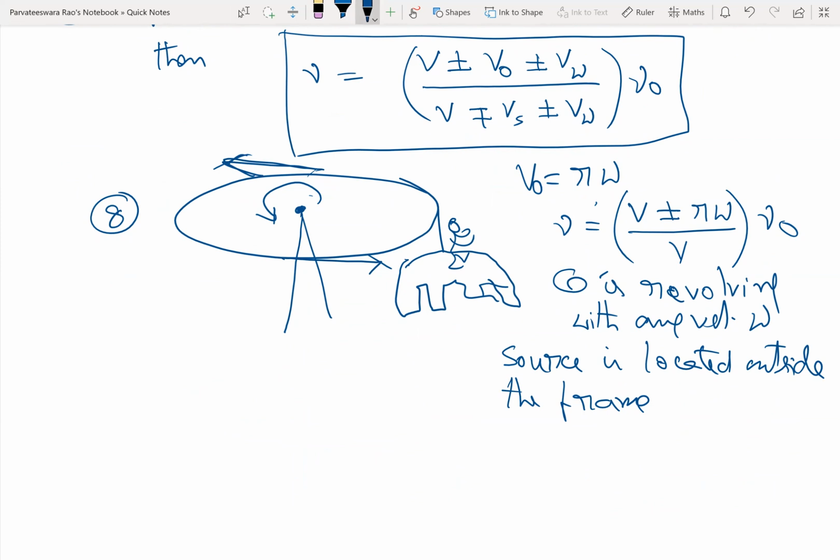Next, you are the observer here, and here is a circular ring to which a horn is attached.